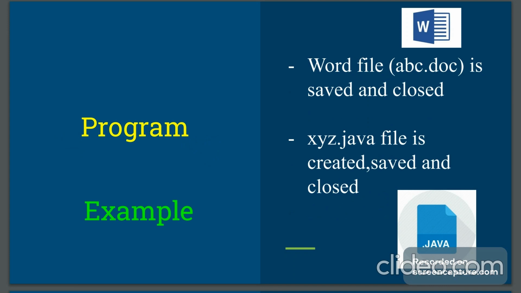In Java, suppose I have written an xyz.java file and I have closed that notepad. These are examples of a program. So it means we have finished our task, the file is closed, and that is available in the memory. That is our program.